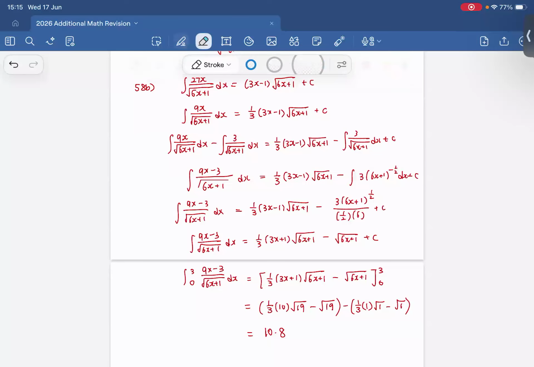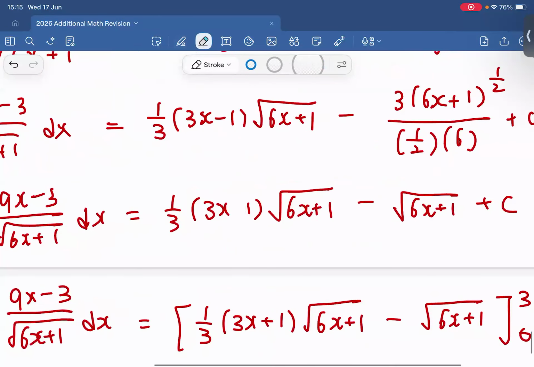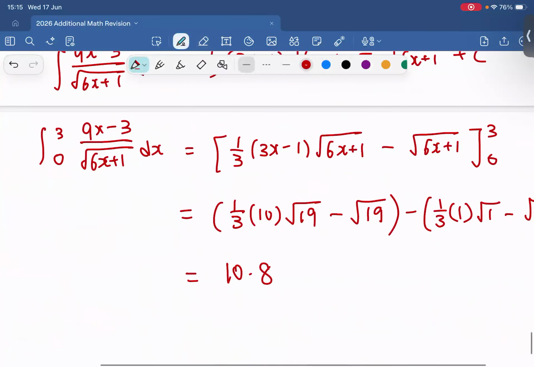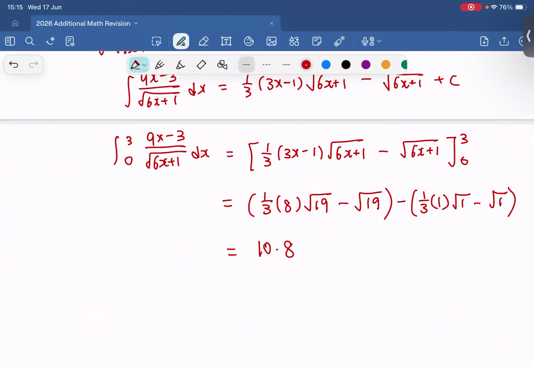Oh, this is -1. So this is not 10, this is 8.